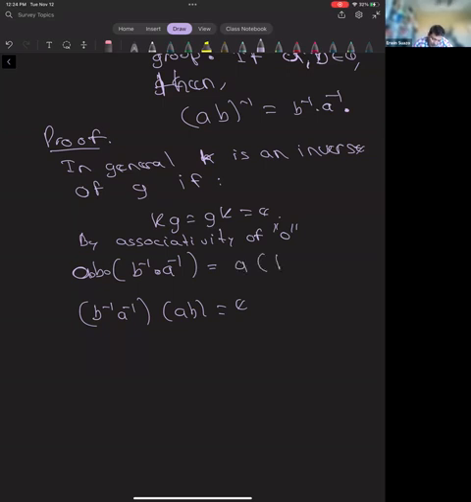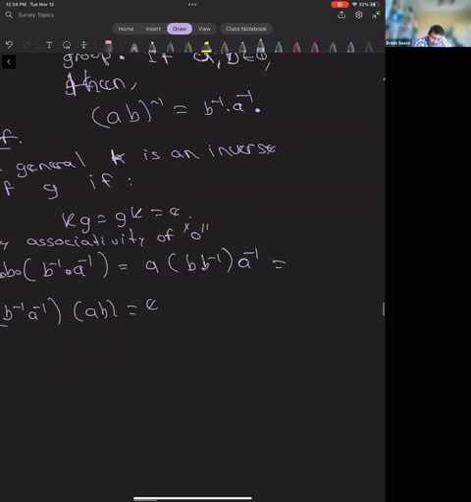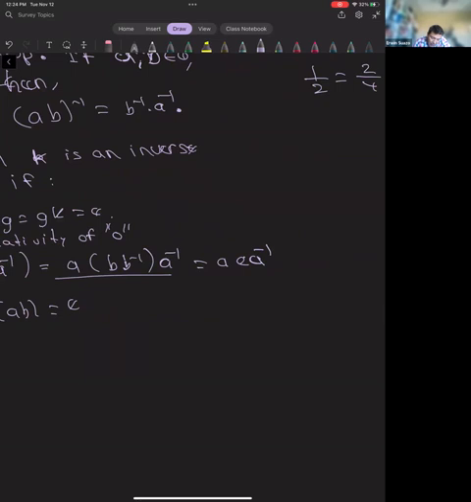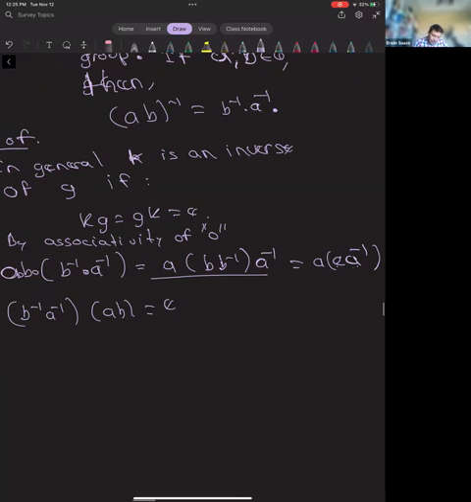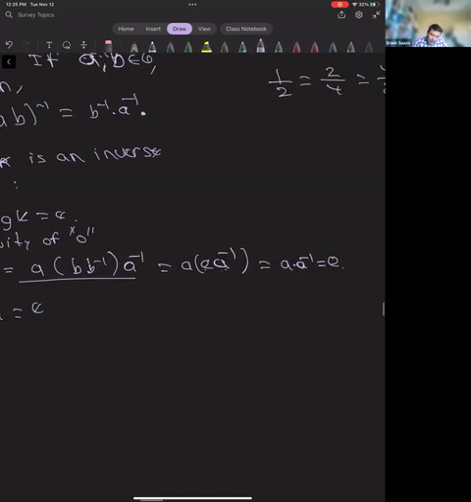So it's A, B, B inverse, A inverse, passed by associativity, right? But this is the identity, so I got A, E, A inverse. And by associativity, identity times A inverse is A inverse. So this is the identity. Similar here. So this gives me the identity.